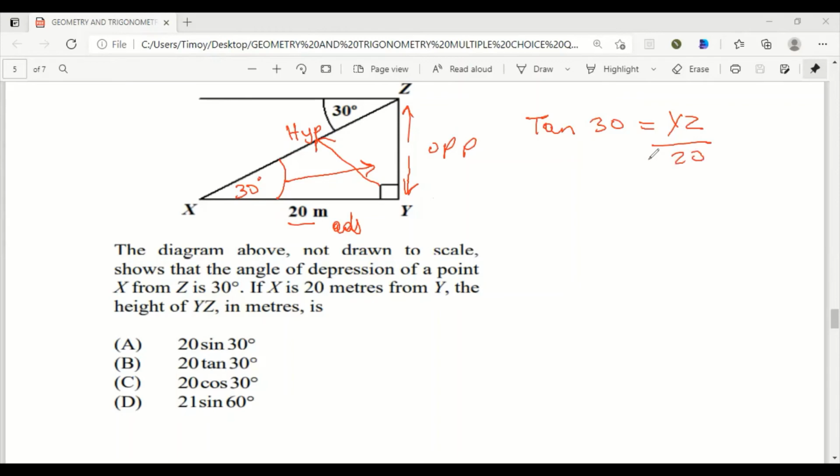Now from here, we can just transpose for yz by multiplying both sides by 20. Clearly, 20 will cancel out 20, leaving you back with yz. So yz is going to equal 20 times tangent of 30 degrees. Which option is that? 20 times tangent of 30 degrees is going to be B. So that's our answer there.